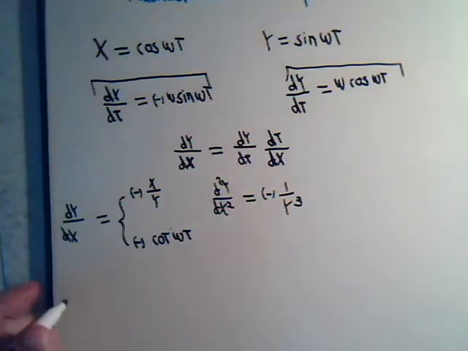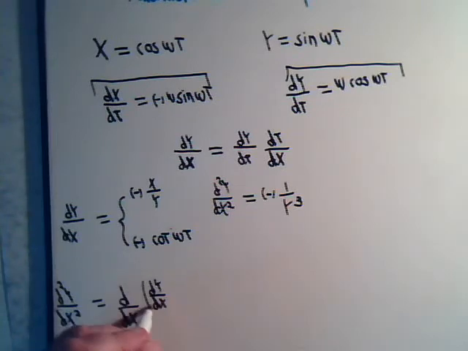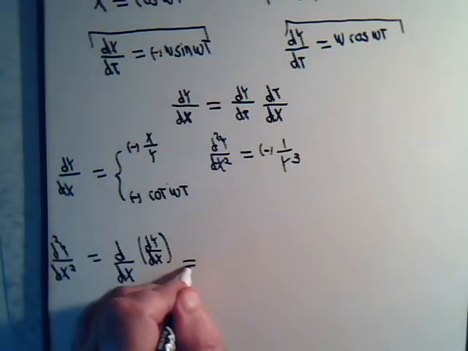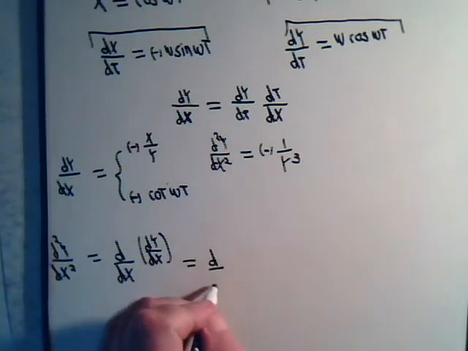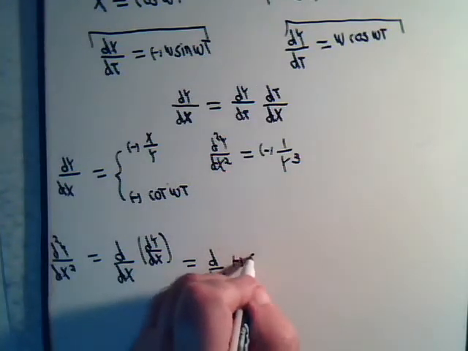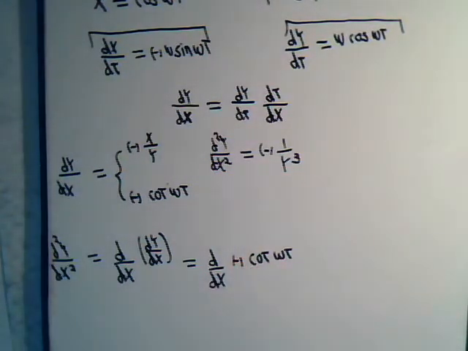So here, d squared y dx squared, of course that's d dx of dy dx, and that's equal to d dx of minus the cotangent of omega t.